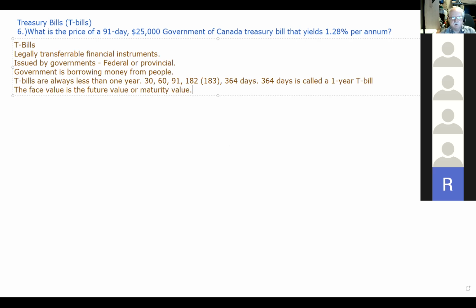But when they talk about the face value of a T-bill, they're talking about the future value. So that's the actual dollar value that's printed on the bill. That's why it's called the face value. And what this means is T-bills are always sold at a discount.